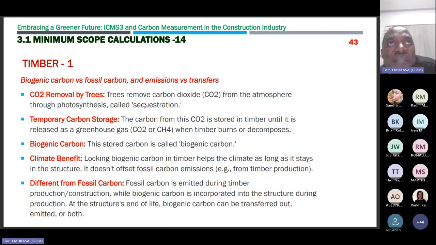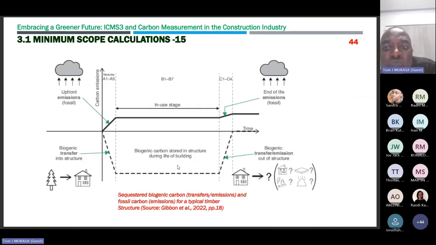The challenge we have is we don't have sustainable forests. But if we start doing that, I think we can contribute to reducing some of these emissions by using timber. That's why you see people who talk about green construction, you see a lot of timber in their construction. That is the reason, because it's a store. I put a diagram that I picked from the Institute of Structural Engineers from Gibbon, and it explains what timber does.